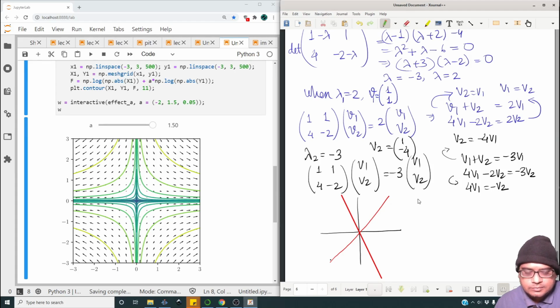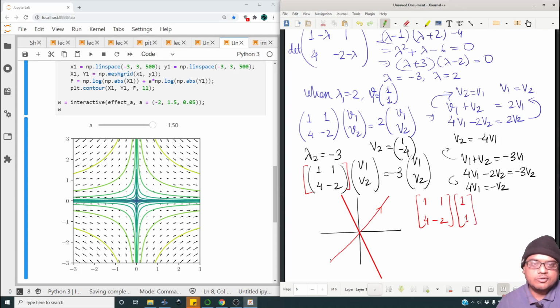If this particular matrix 1 1 4 minus 2 is applied on this direction, it simply leads to a scaling of that direction.